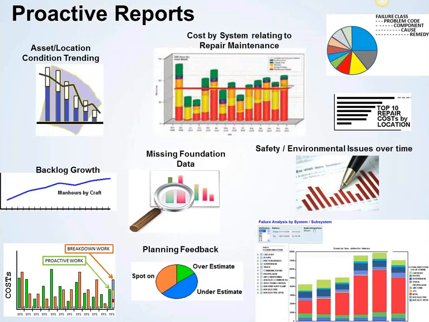We talked about a lot of the foundational data being able to support better reporting. These are just some examples of what you can leverage this data for now. One specific example I would point out is that most plants will monitor corrective maintenance backlog. But now with location criticality codes, you can not only monitor that backlog, but monitor the quality of that backlog.